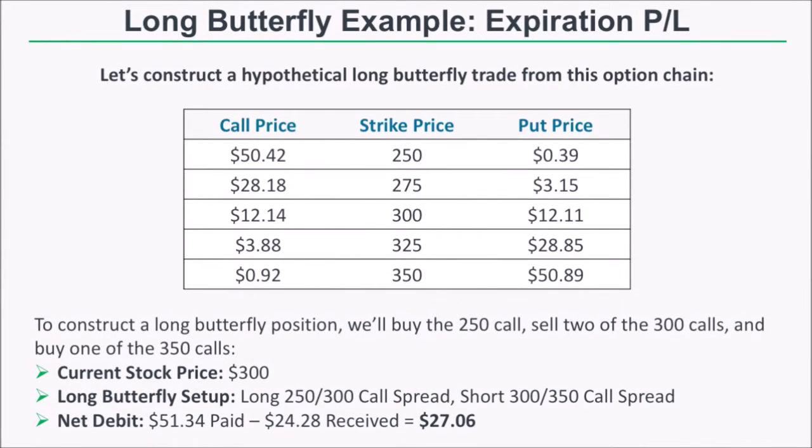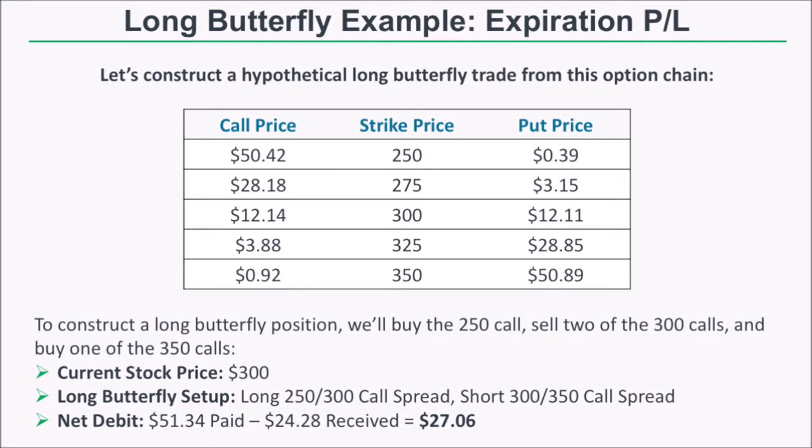Alright, now that we've gotten through all of the general strategy characteristics for call and put butterflies, let's go ahead and look at a hypothetical long call butterfly from the following option chain. Now for the remainder of this video, we're just going to focus on long call butterflies just to keep things simple. So in this example, let's say the stock price is currently $300 and we want to put on a long butterfly position.